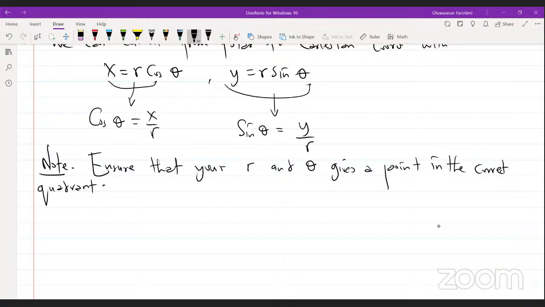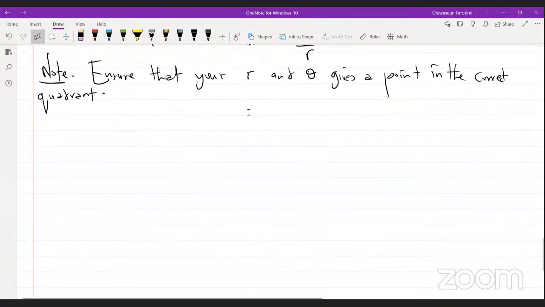Despite the fact that in polar coordinates we have infinitely many pairs, when we make such a conversion, we only pick the pair that belongs to the correct quadrant.